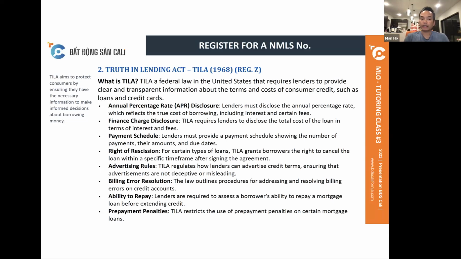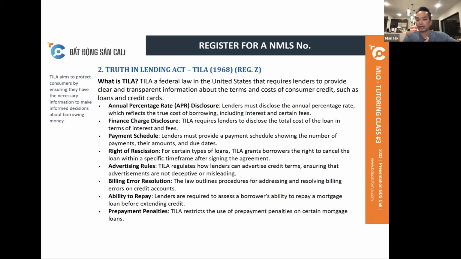You need to tell the borrower the APR, which stands for annual percentage rate. You need to disclose that. If the rate is 5% and your APR is 5.25, then you need to disclose that the APR is 5.25. Then further in the closing estimate, they can ask why there's a 0.25.